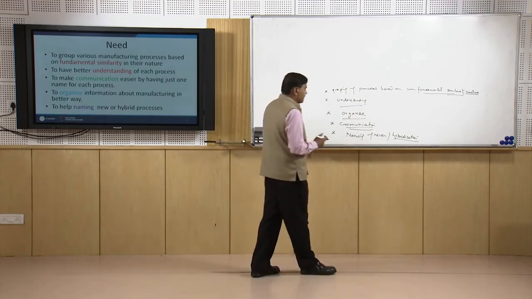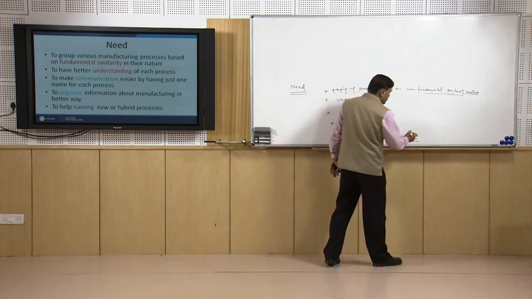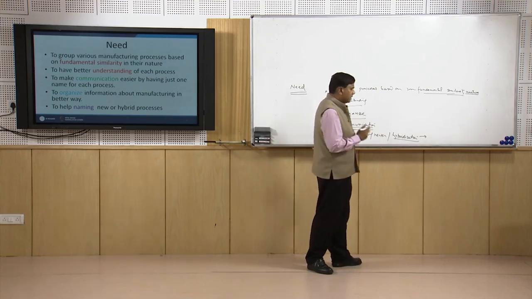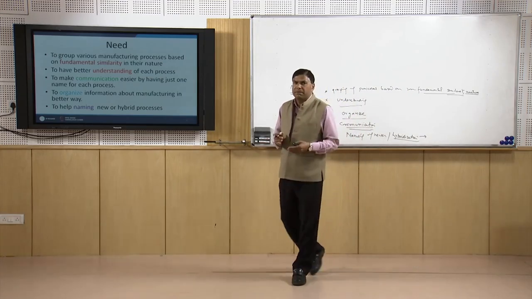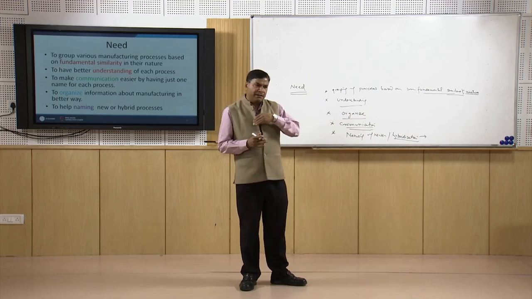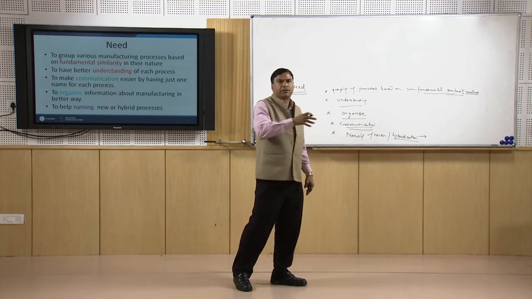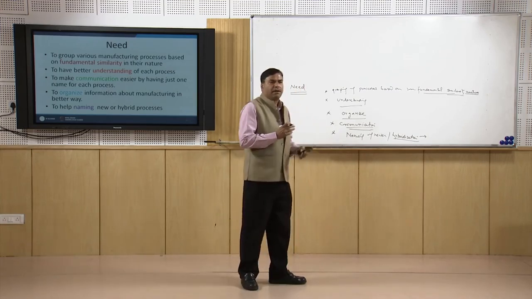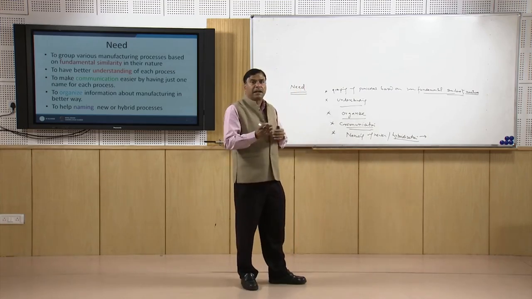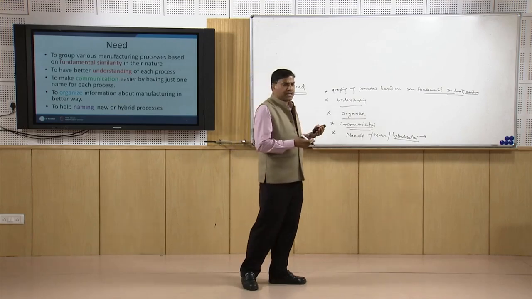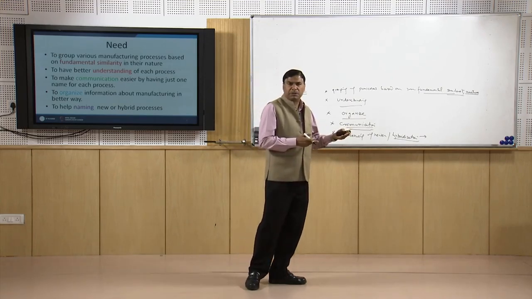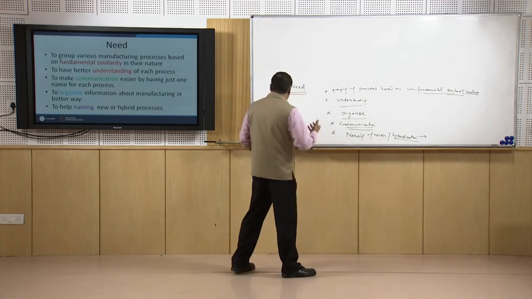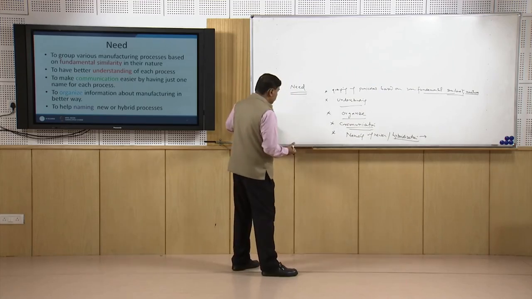That will help us in naming the newer processes which are hybridized using two or more technologies. Say, a laser beam can be used for assisting deformation along a particular region, or a machining process may be coupled with electrochemical action to increase the removal of material, so that the desired surface and dimensions in the component can be achieved.